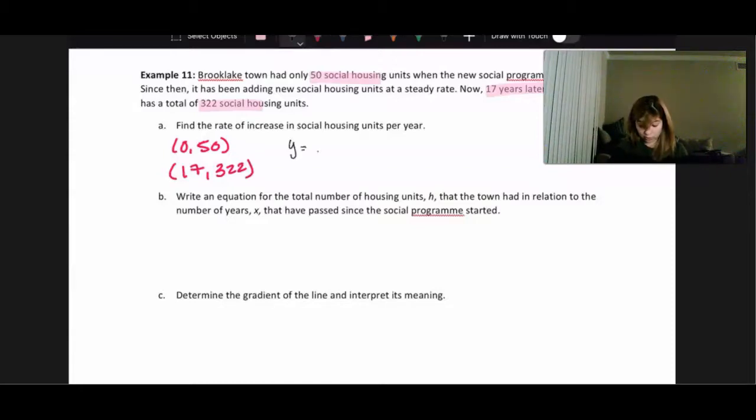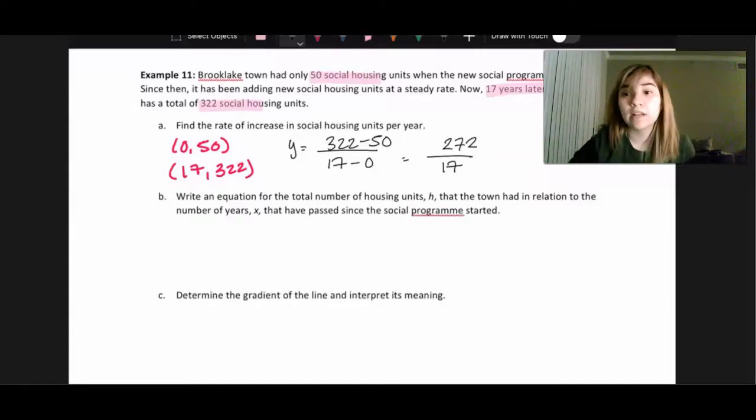So m equals y2 minus y1 over x2 minus x1, which is 322 minus 50 over 17 minus 0. So let's put that into our calculator.